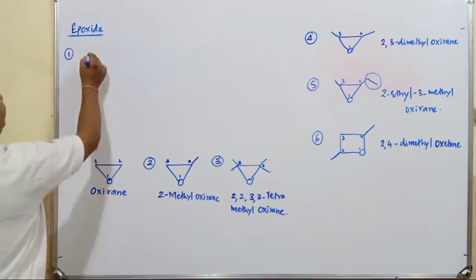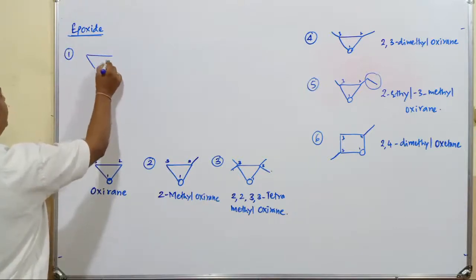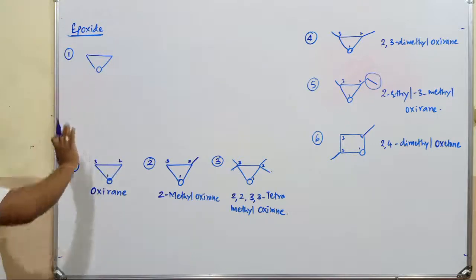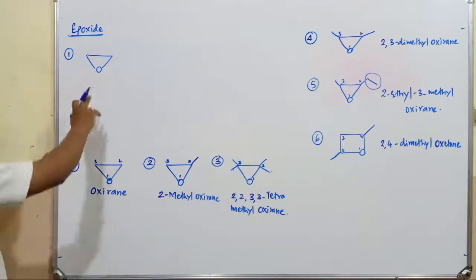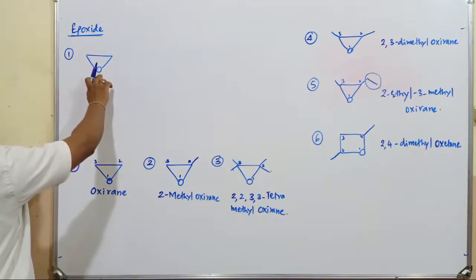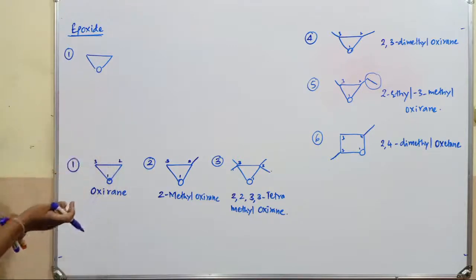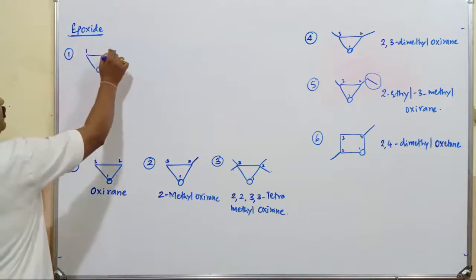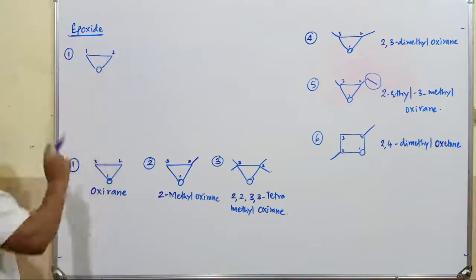Suppose I go with the same example, this is oxygen. Here we have to number the carbon atoms without numbering the oxygen atom. Numbering must not be assigned to the oxygen atom. The longest chain is going to be taken here. This is 1, this is going to be 2, or this is 1, this is going to be 2.